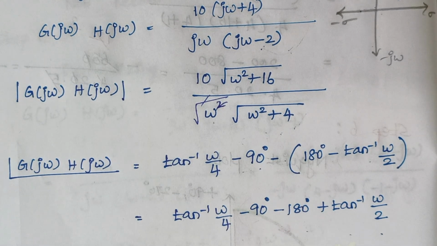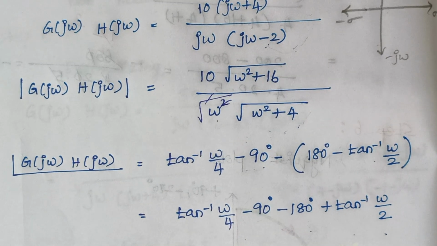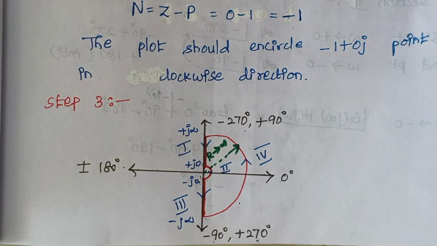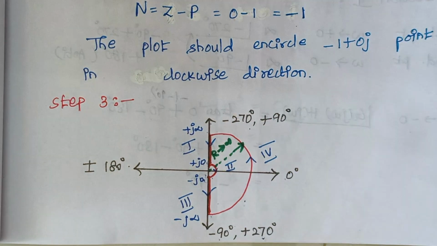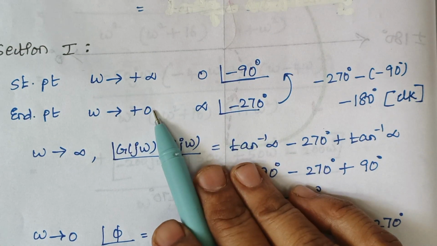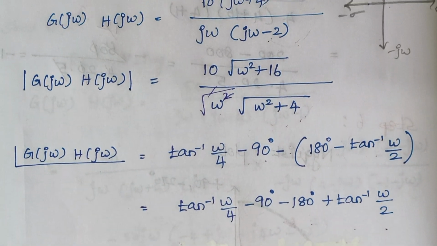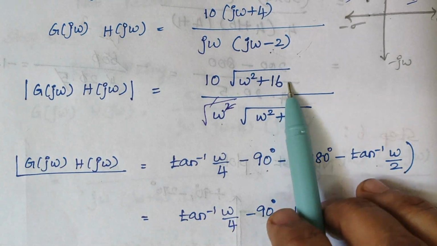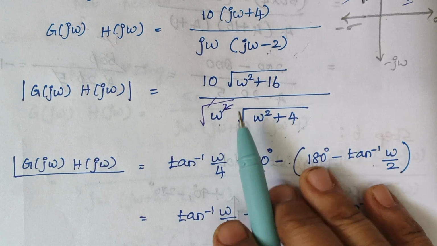Now we are going to do section wise analysis. First we will start with section 1. Here the starting point is plus j infinity and the ending is plus j 0. So plus infinity and plus 0, just substitute these values here. This is our expression for magnitude. When you substitute infinity, anything divided by infinity is 0.